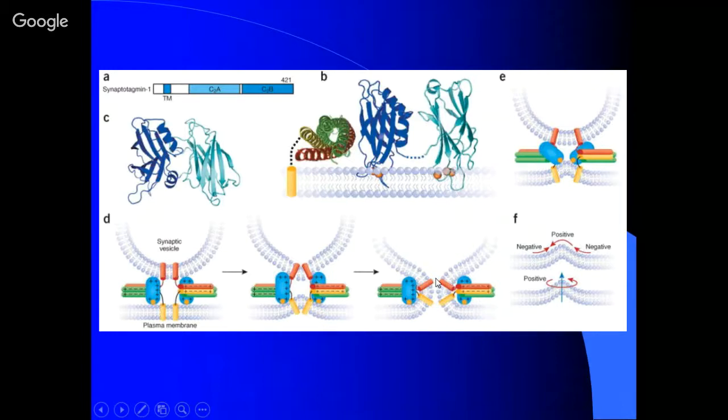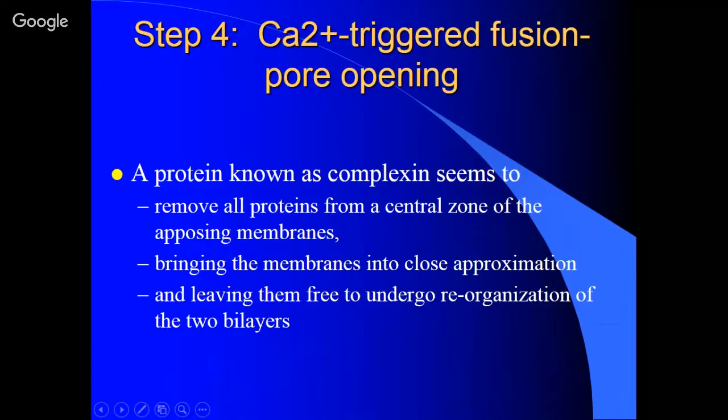They embed themselves in, and they take some of the lipid molecules which are making these two separate bilayers and remove them. They pull them onto themselves, onto the protein. And when they do that, they open a pore between the vesicle and the plasma membrane, like this. This is as good a cartoon as you're going to see on how it works.